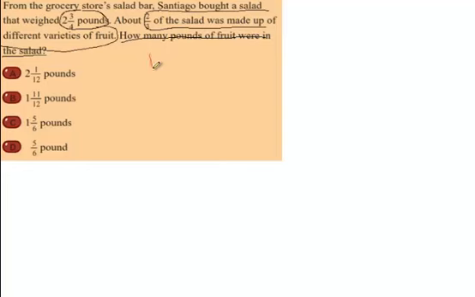Here is 2 3/4 pounds. I'll do it like this. 1, 2, and then I'll do 3/4 looking like this. So now I'm basically trying to visualize the problem. This is all salad.